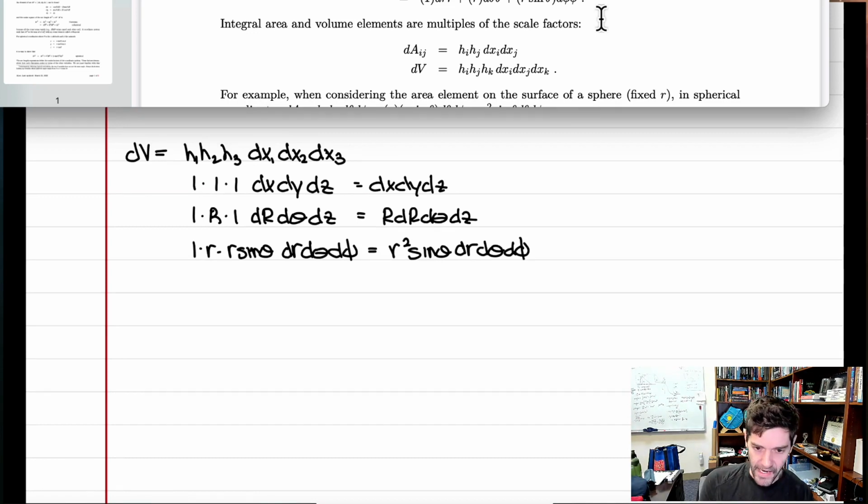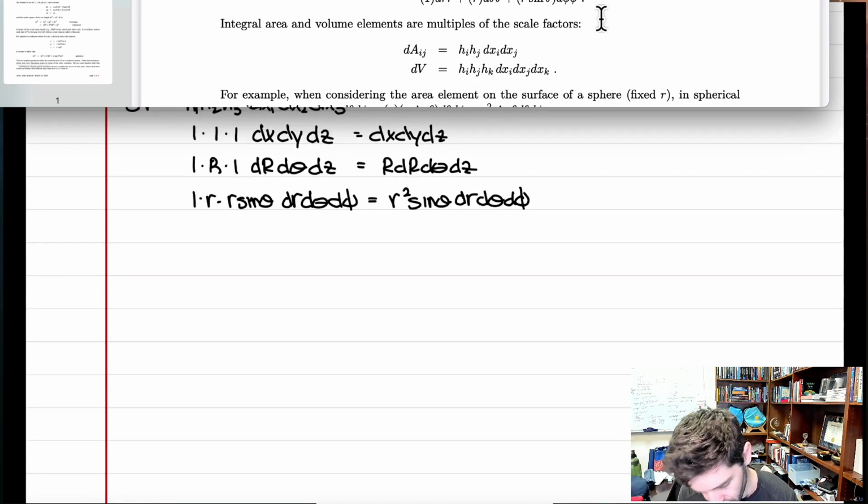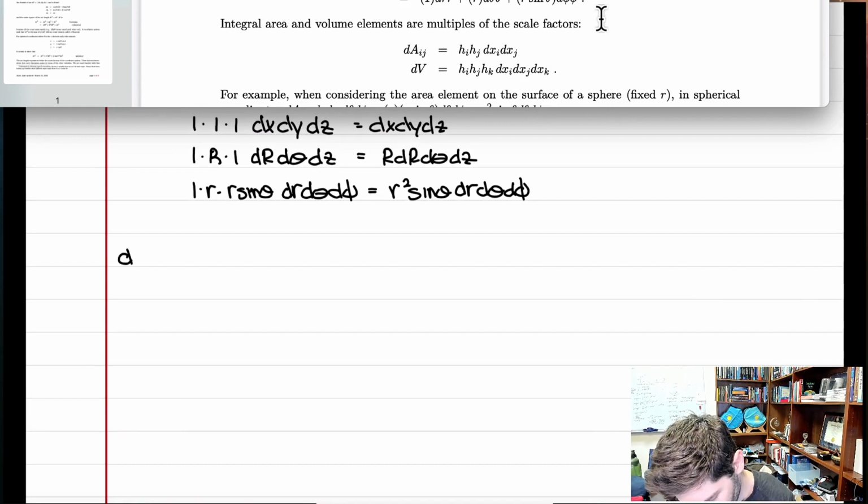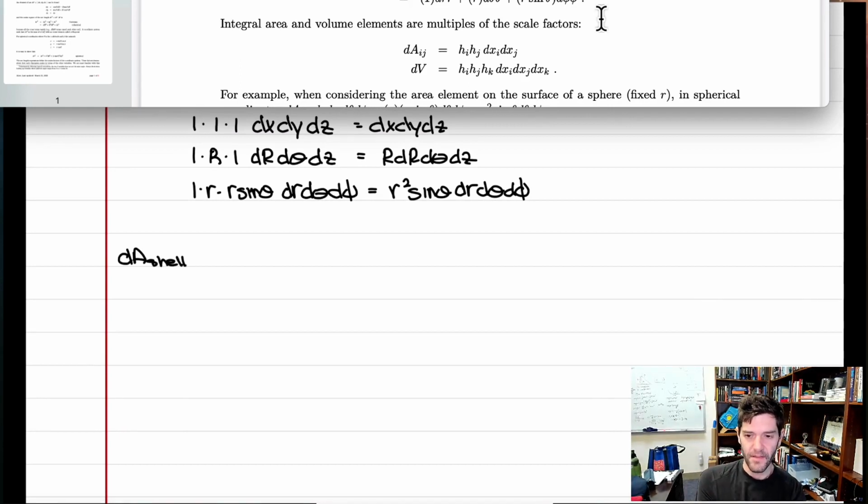And if you're doing an area integral, then it's just the product of the two dimensions that you're integrating over. If you're integrating over a shell, that suggests spherical coordinates, but the value of r is not changing, so there's not going to be an integral over r, because r is just a constant over the shell.